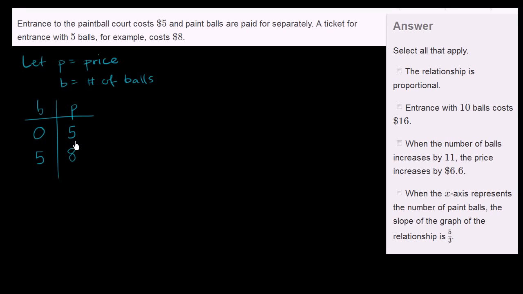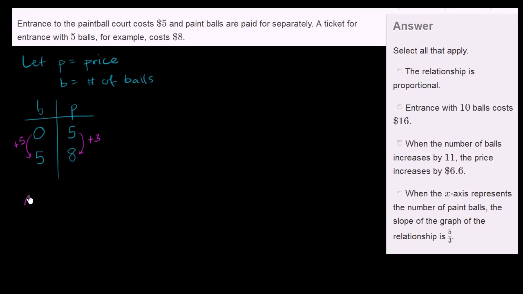And so let's think about the incremental price per ball here. We're going to assume that the price per ball is constant after you pay for admission, after you pay this first $5. So what's the price per ball? Well, when our number of balls increases by 5, our price increases by $3. So plus 3.